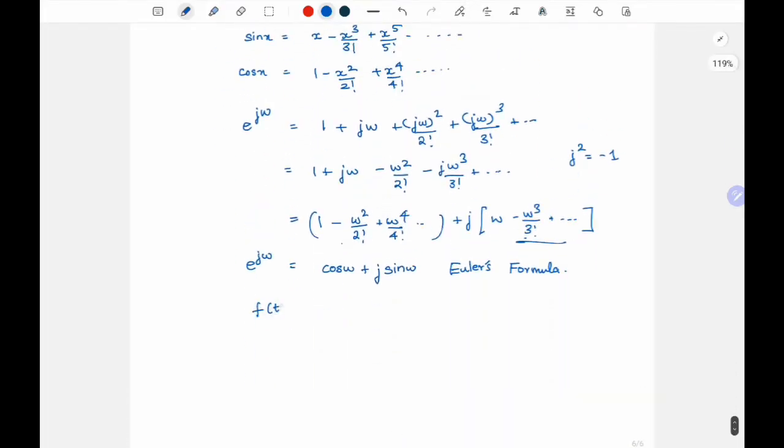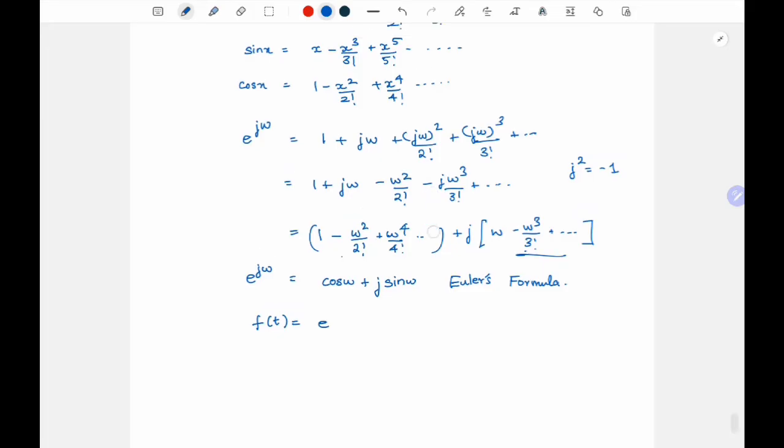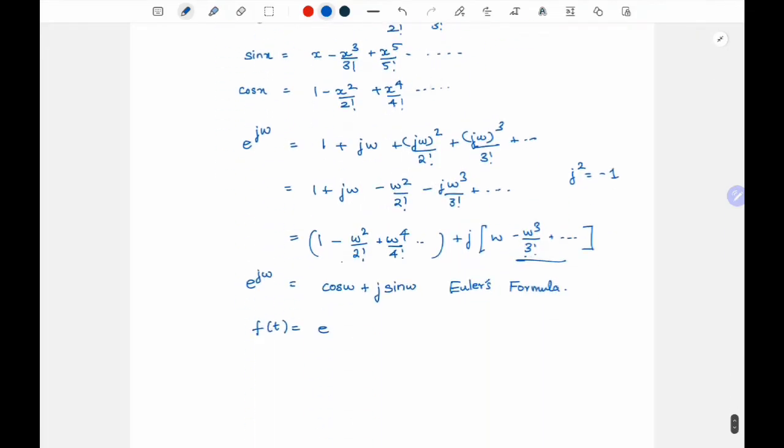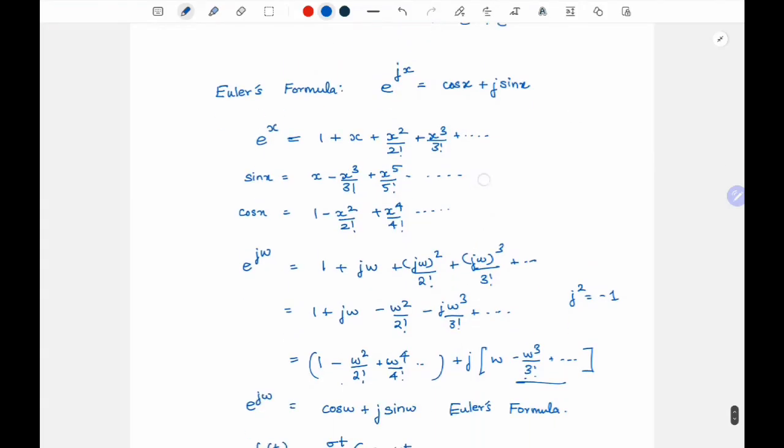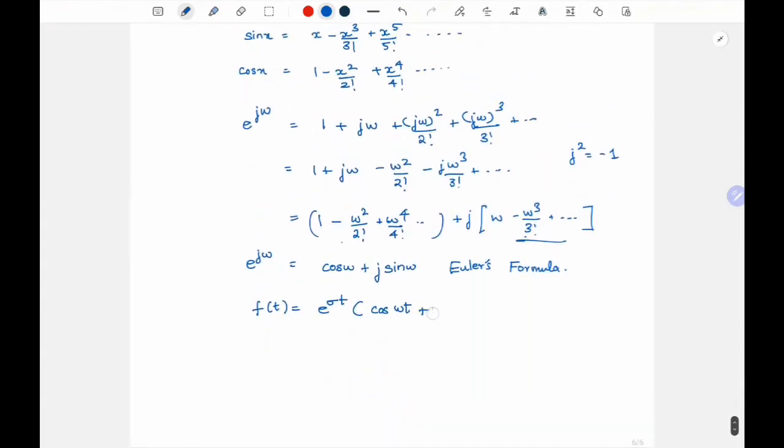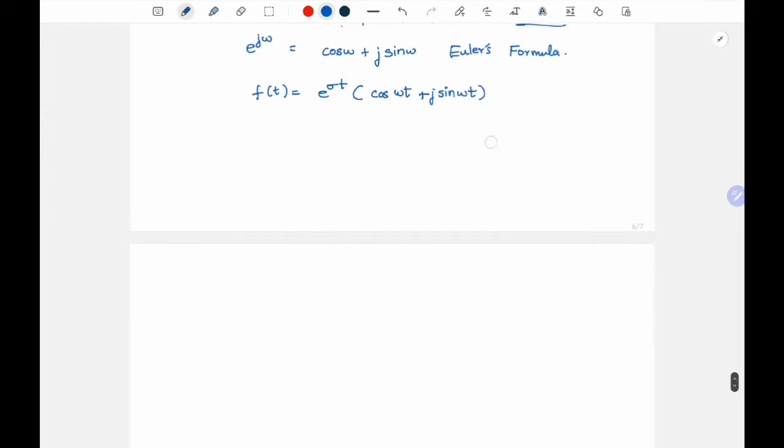Then we'll have f of t is equal to e power sigma t into cos omega t, right? Because it is j omega t. So cos omega t plus j sin omega t. Okay.